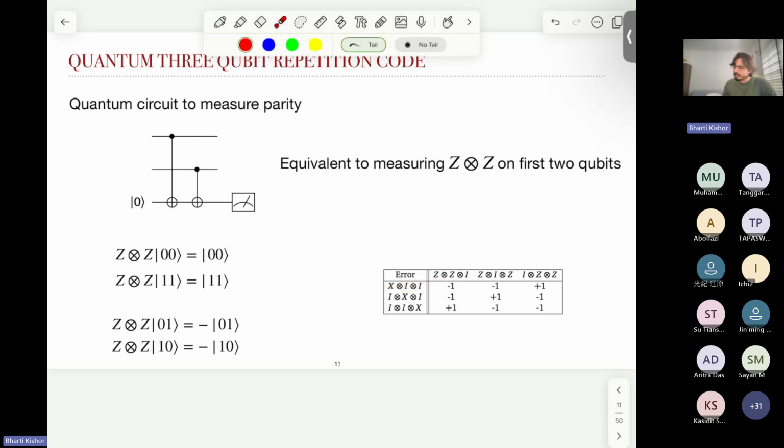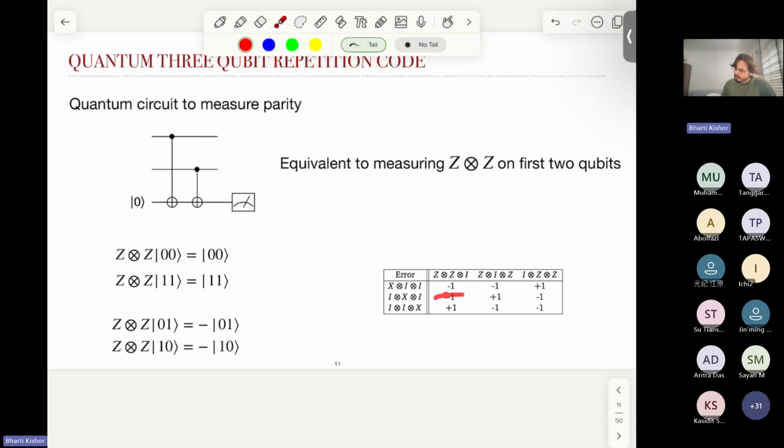On the other hand, if they commute, for example X tensor I and I tensor Z commute, you get a +1. So every time this error has occurred, when you measure these three parities, you will get -1, +1, -1.